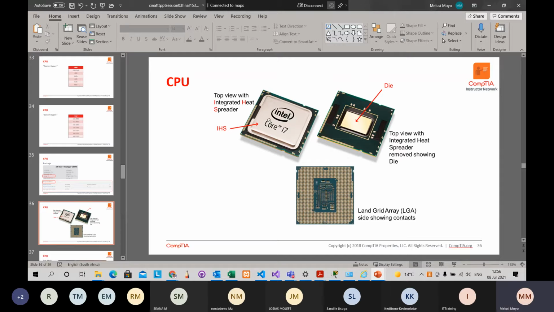Some come in with the integrated heat spreader, because the CPU sometimes can overheat. Once a CPU overheats, you will see that your PC will start to have intermittent shutdowns. It keeps on switching on and switching off because there's overheating on your machine.